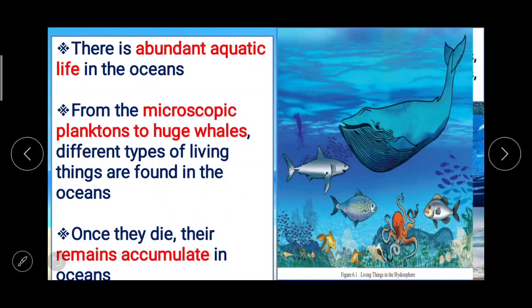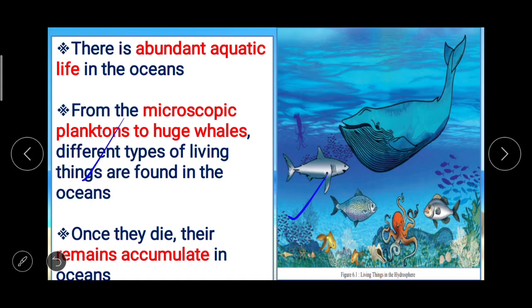Now the next thing, there is abundant aquatic life in the oceans, from the microscopic planktons to huge whales. Different types of living things are found in the oceans, and once they die, their remains accumulate in oceans. Now here one thing, this figure 6.1 given in our textbook, living things in the hydrosphere.